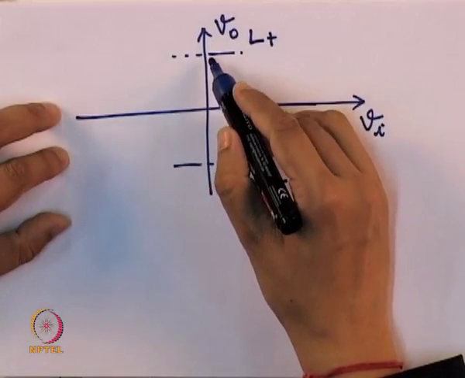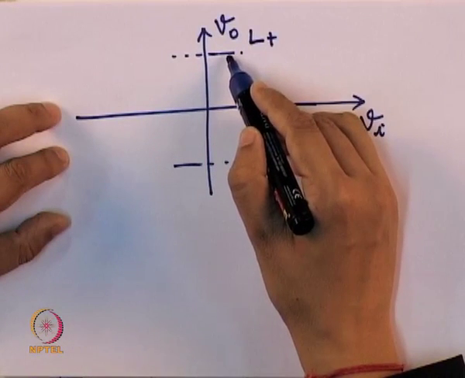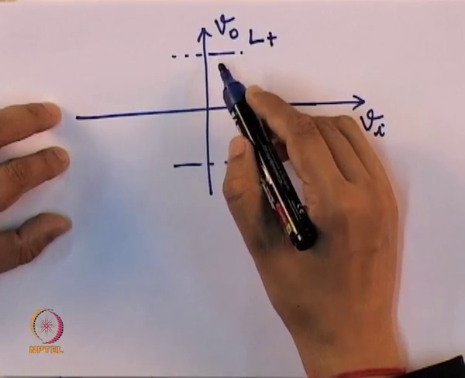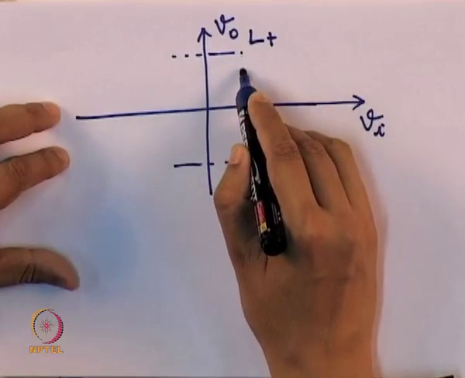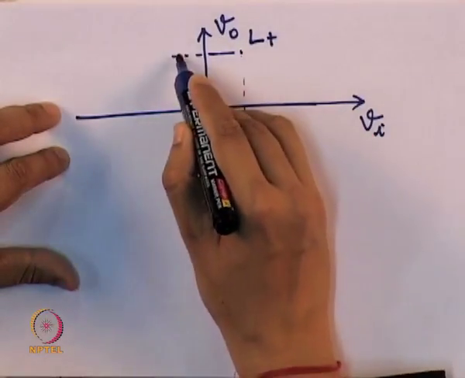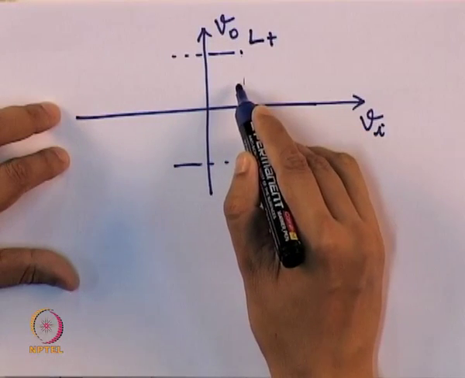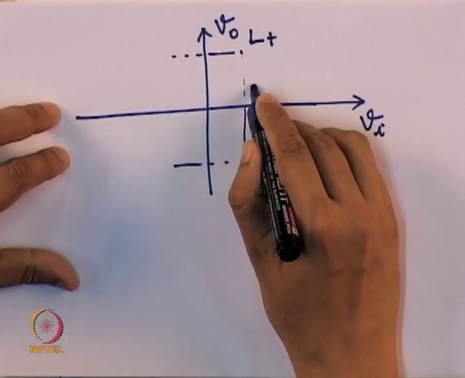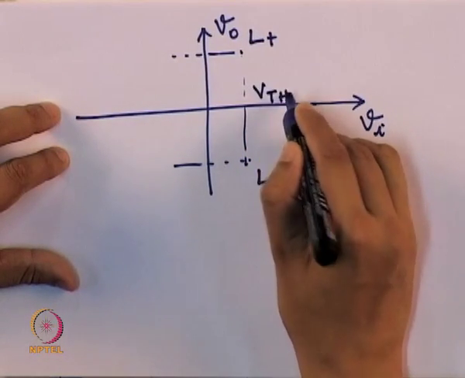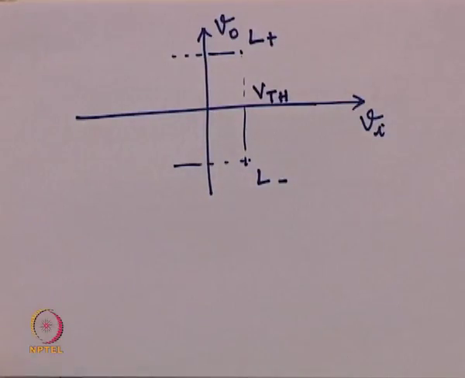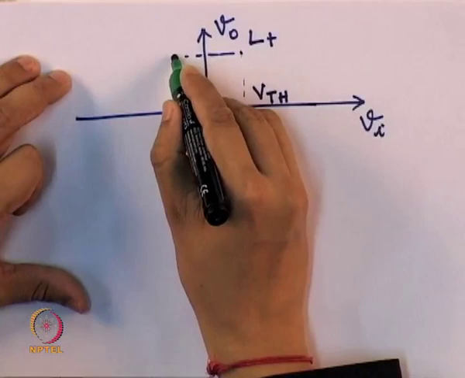Say initially the output voltage is at L plus. Now, I keep on increasing Vi, such that at a certain point there is a transition, and say the value of Vi where this transition occurs, I call that Vth. Okay. So, at Vth, if I now use my green pen, the curve will look like this.